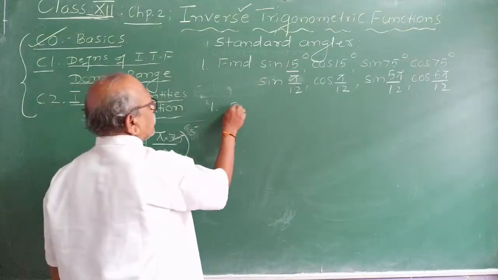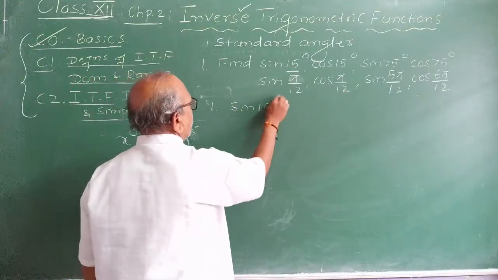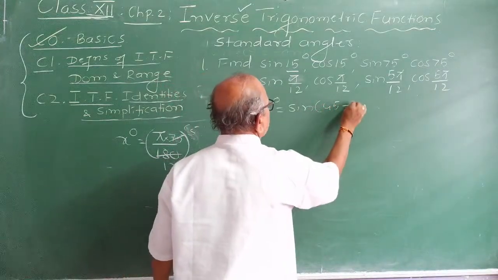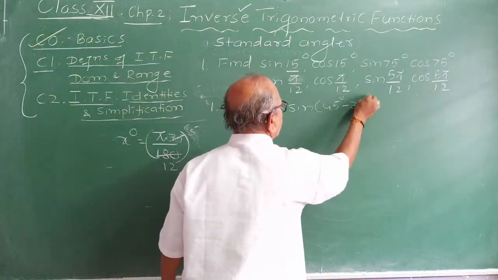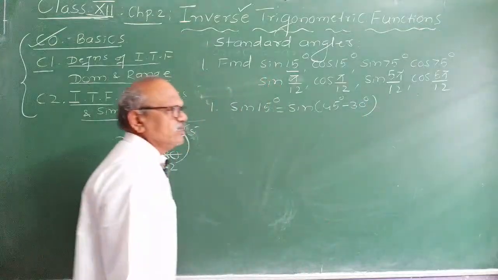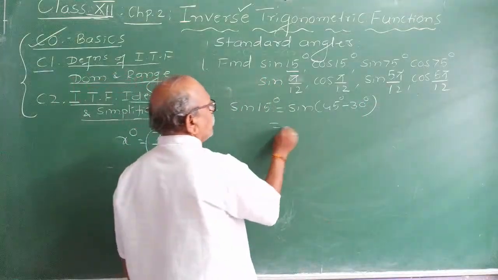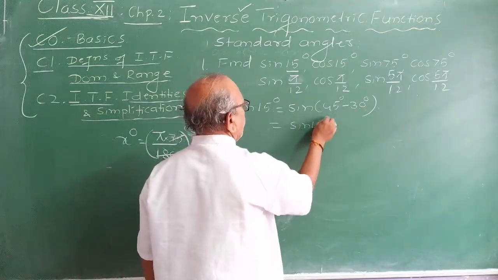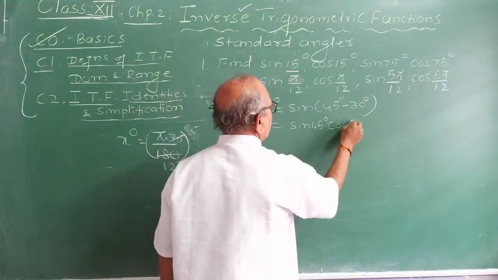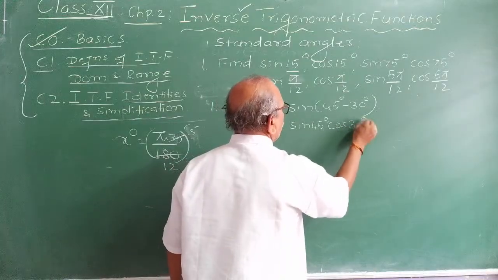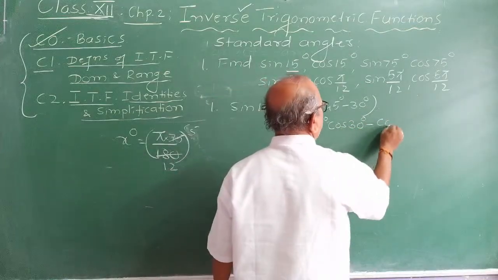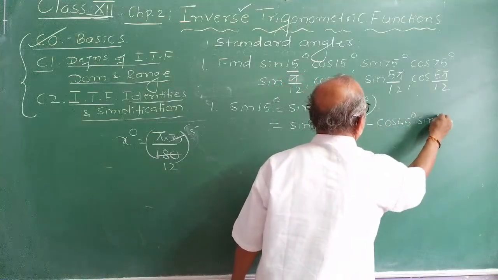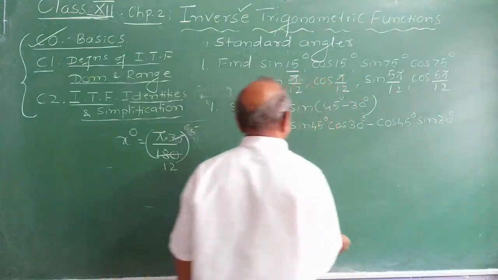Now, can I write sin 15 degree as sin 45 minus 30 degree? What is 45 minus 30 is 15. You can find out what is sin A minus B is sin A into cos B minus cos A into sin B, where A is 45 degree and B is 30 degree.